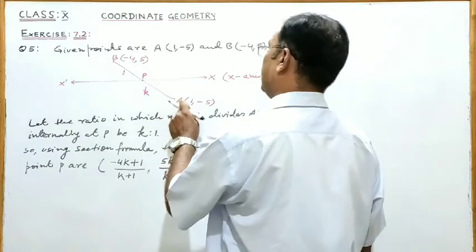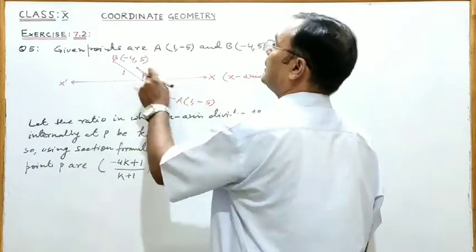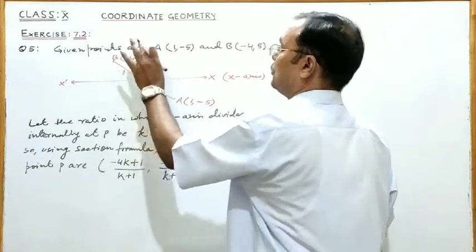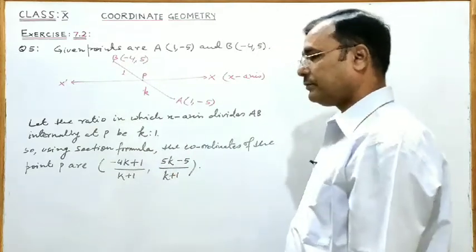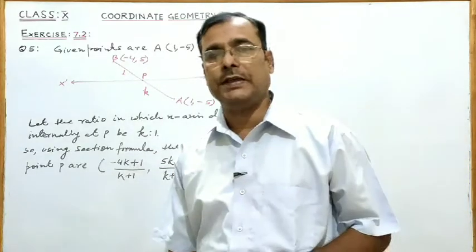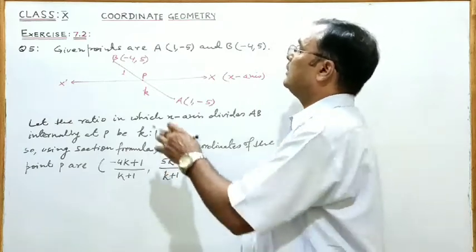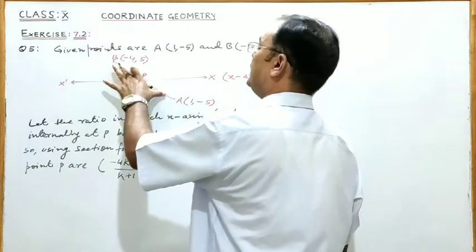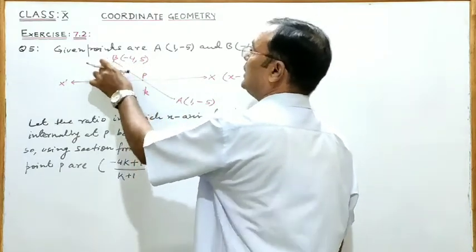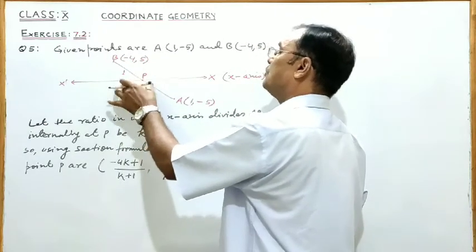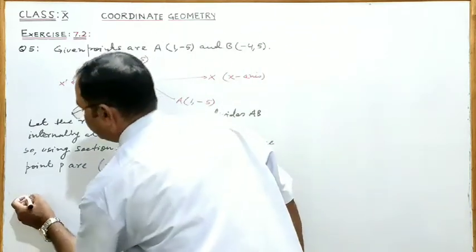The given coordinates are A (1, -5) and B (-4, 5). But this point P, which is on the line segment AB dividing in the ratio k is to 1, is also on the x-axis.